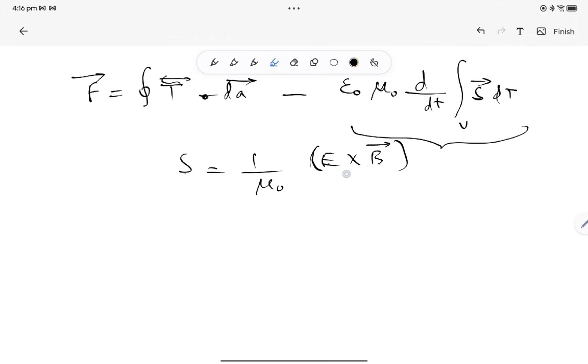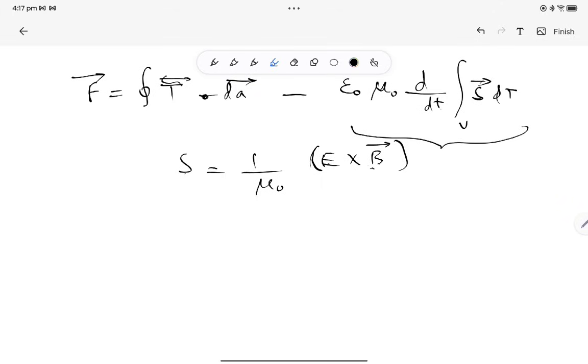Another way is, if E and B are there and they are not parallel, they may be perpendicular, but they are not time varying. Since you have a rate of change involved here, the rate of change of S will be 0, and then this term will vanish.